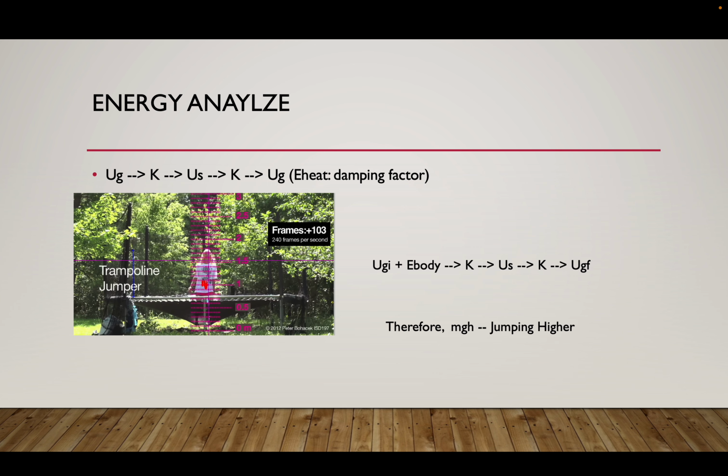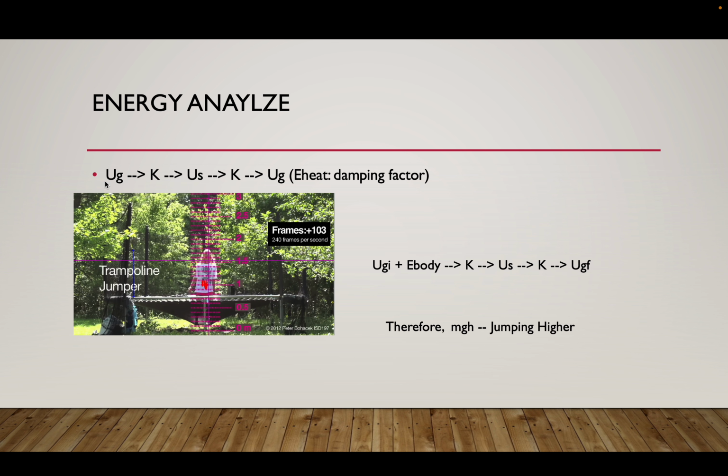Your kinetic energy transfers to the spring energy, and then you bounce back. The spring energy is converted to kinetic energy, and finally to UG, which is the height. In this case, we include a damping factor, which makes some of the energy into heat. So this is the computational model case.